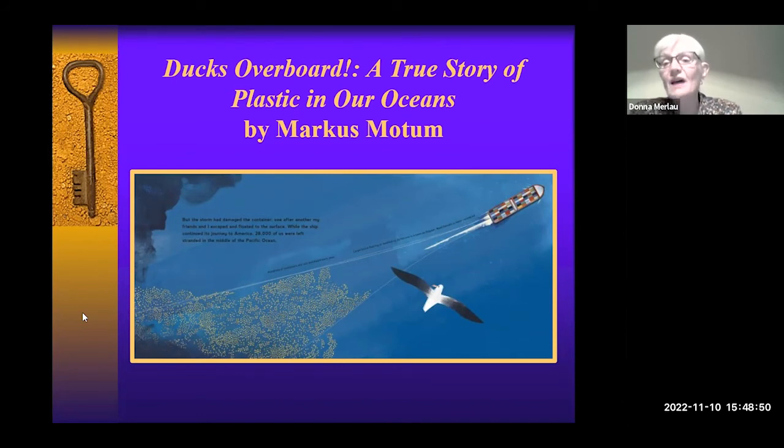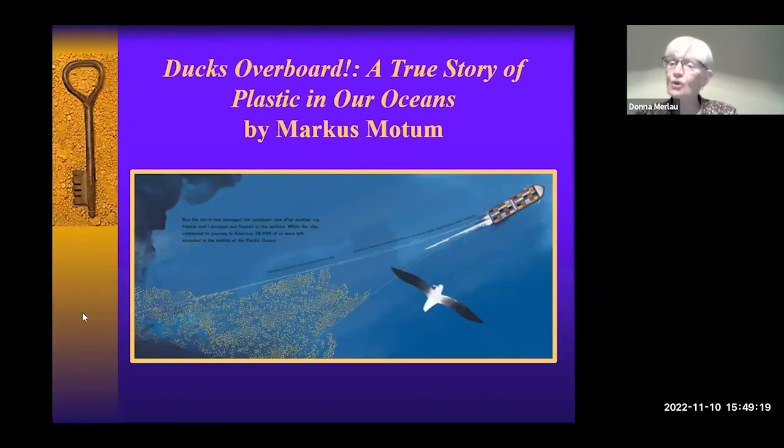And 28,000 rubber duckies ended up in the ocean. Now, Eric Carle has a book called 10 Little Rubber Ducks. And he looks at a cardboard box of ducks that went overboard. This looks at the container itself. And all those yellow dots, those are the ducks. And they end up in the gyres, the garbage patches in each of the oceans.